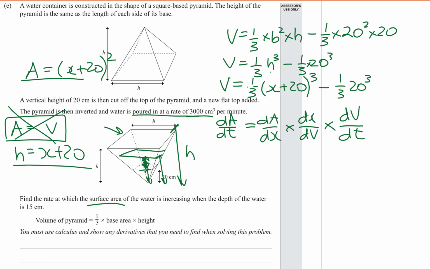No dramas. Okay. So dA by dt then, dA by dx. What's dA by dx? Happy with it being just 2x plus 20?